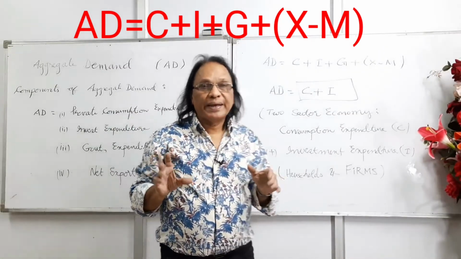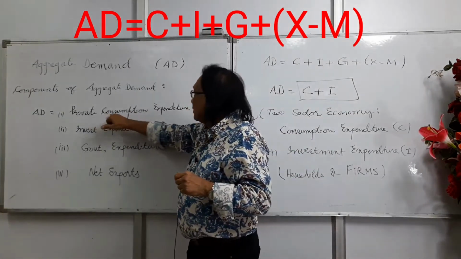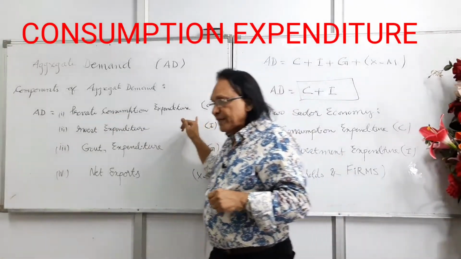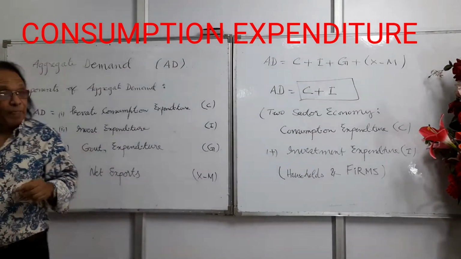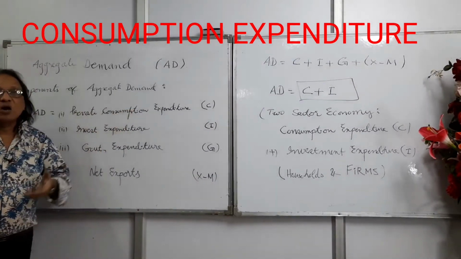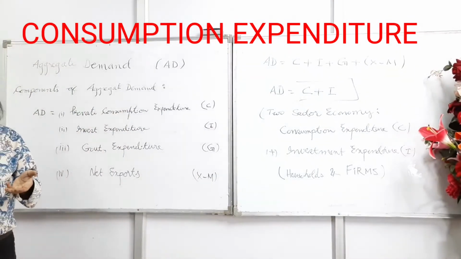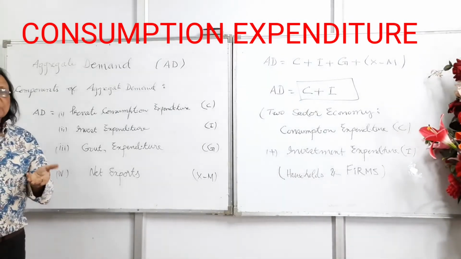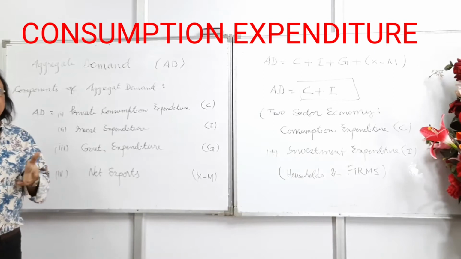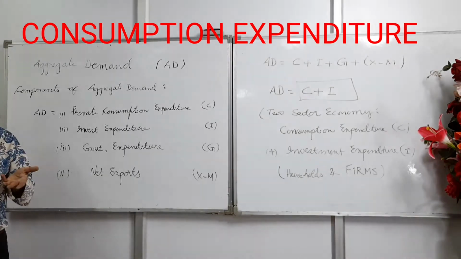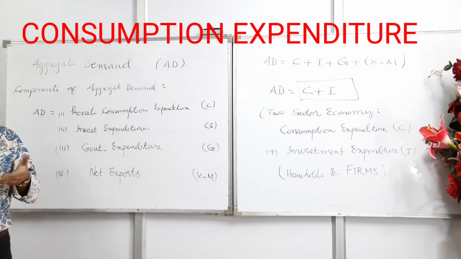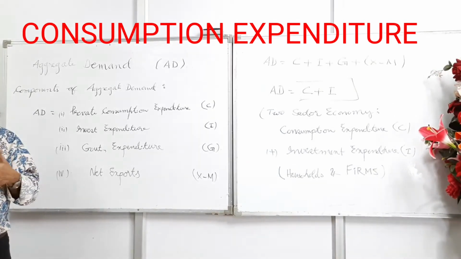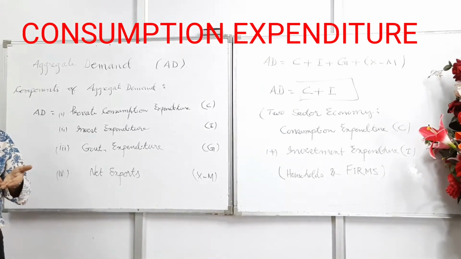The first one is household or private consumption expenditure. What exactly is private consumption expenditure? This is done by all households or consumers on buying all kinds of consumer goods. This can be durable goods like refrigerators, car, washing machines, micro ovens, your laptop, your computer, your mobile phone.